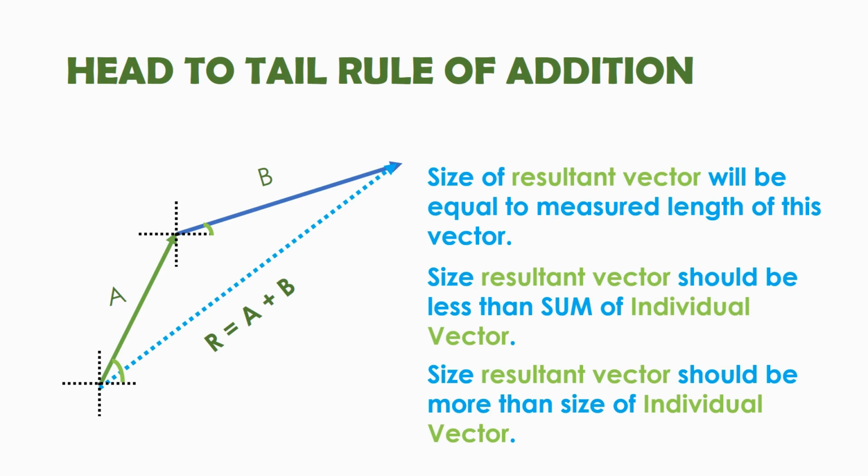That means the size of the resultant vector should be smaller than 7 in that case. But the magnitude of the resultant vector should be more than the size of the individual vector, meaning it should be more than 3 meter as well as 4 meter. So by following this method, we would be able to show a resultant vector by using the graphical method.